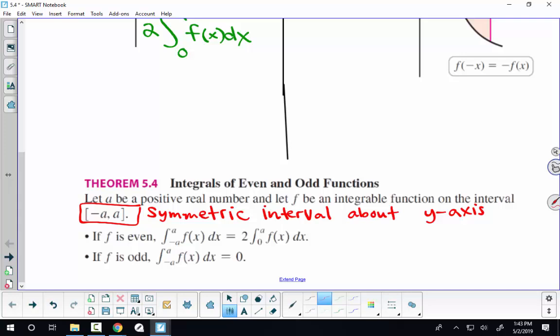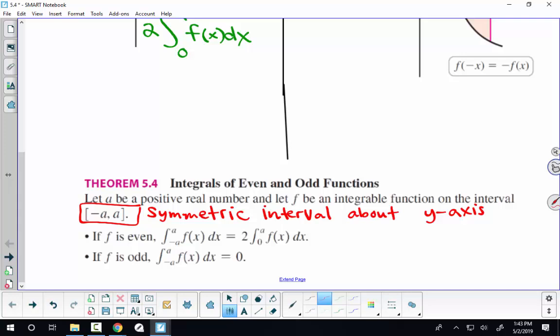And then, depending on the function, if it's even, we can half the region and double it. So we half the region, find the area, and then we double that area. If it's odd, the net area is 0. So I think we can see the efficiency: if f is odd about a symmetric interval, that's just 0.